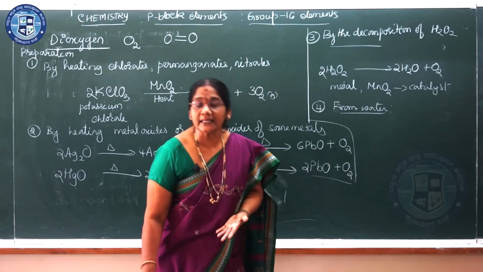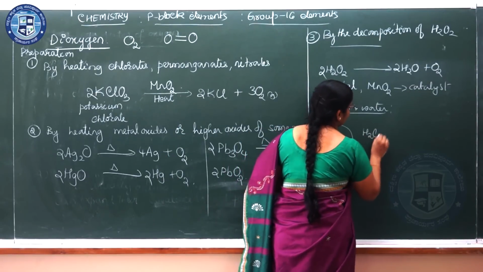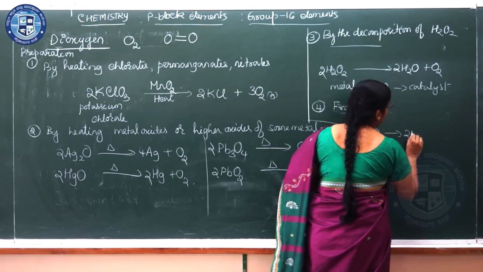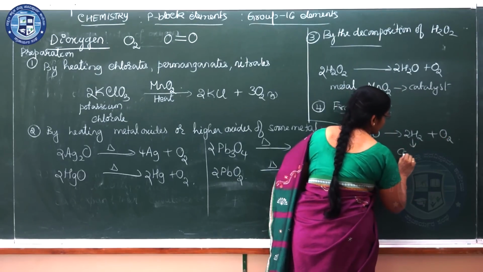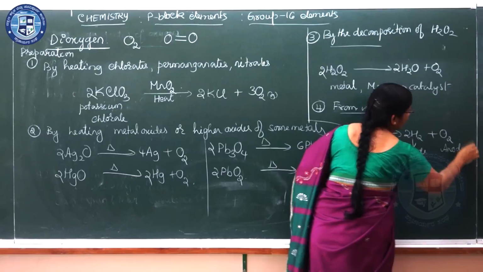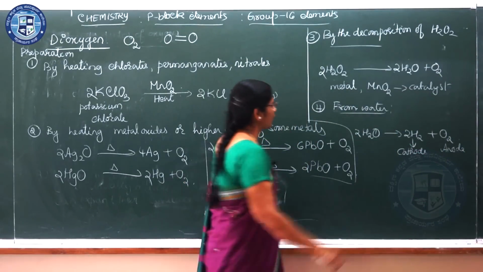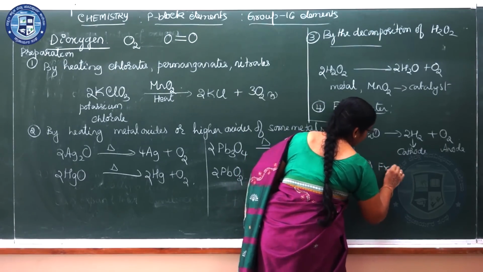When electricity is passed through water, it decomposes to give hydrogen gas and oxygen gas. Hydrogen is released at the cathode and oxygen is given out at the anode. So this is one more method, and the fifth method is from air.